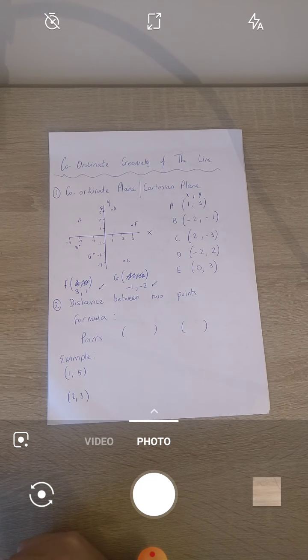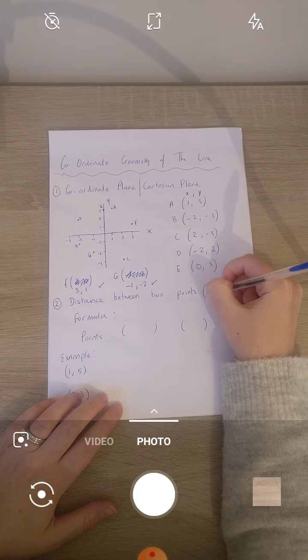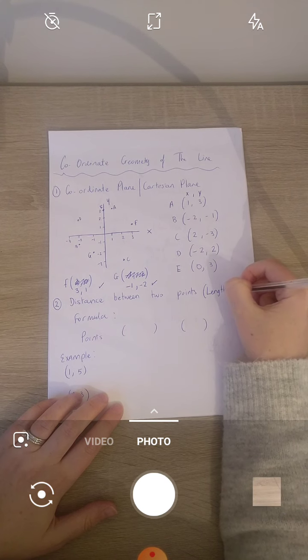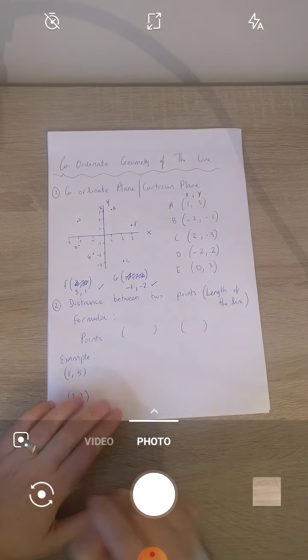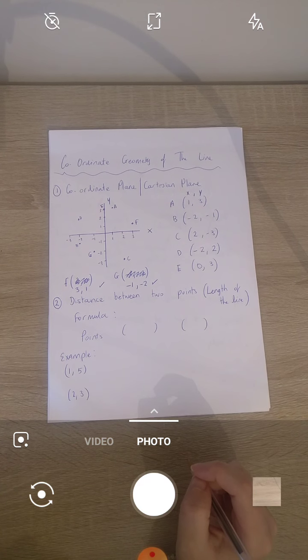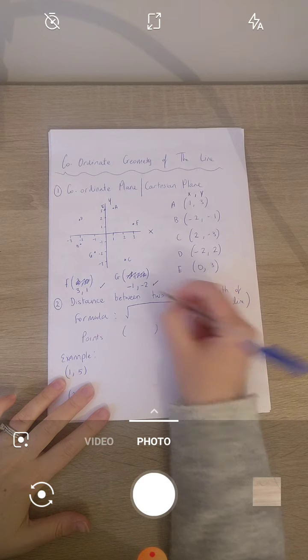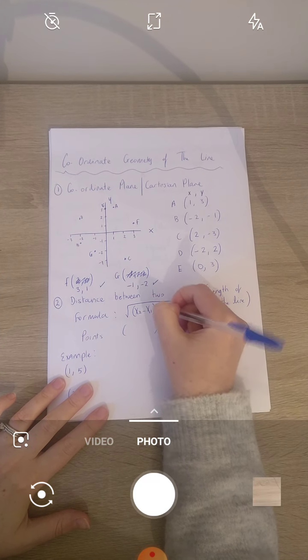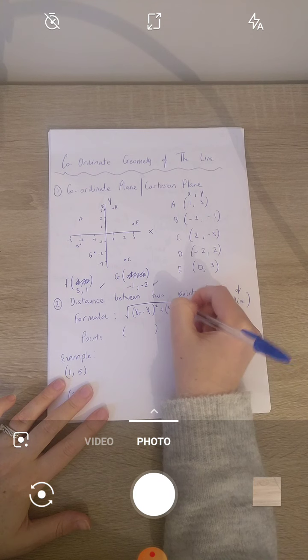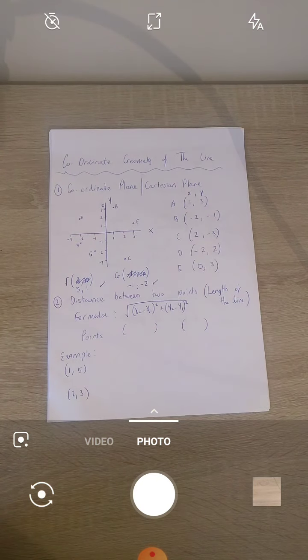The second thing that comes up is the distance between 2 points. This could also be asked as the length of the line. It's the same formula for the distance between 2 points or for the length of a line. Our formula is the square root of (x2 minus x1) squared plus (y2 minus y1) squared.